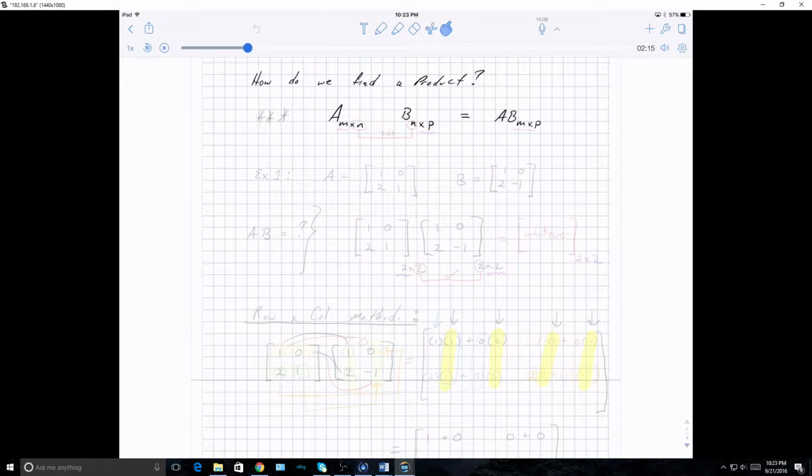Now maybe you see the pattern here, but in order for this to occur, the columns of the first matrix must match with the rows of the second. And you can clearly see that those are the same thing. What's left over, the m and the p, become the new dimensions for the product.